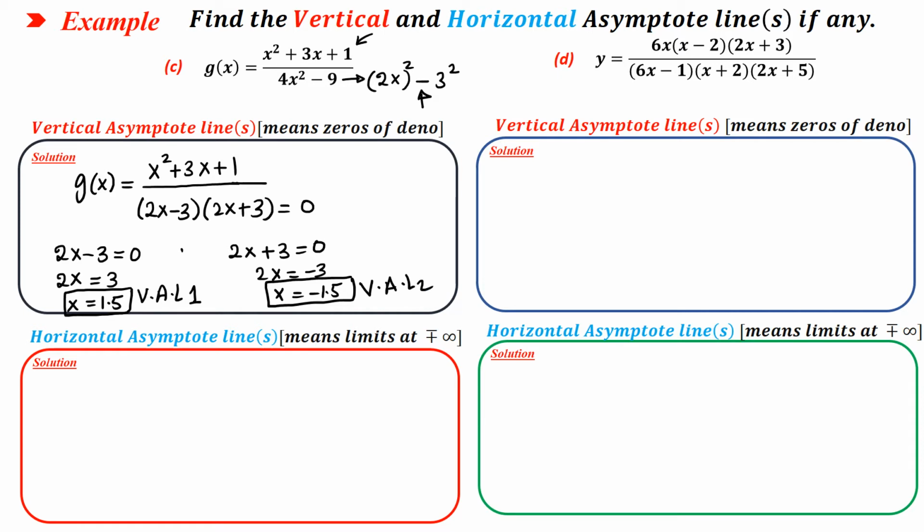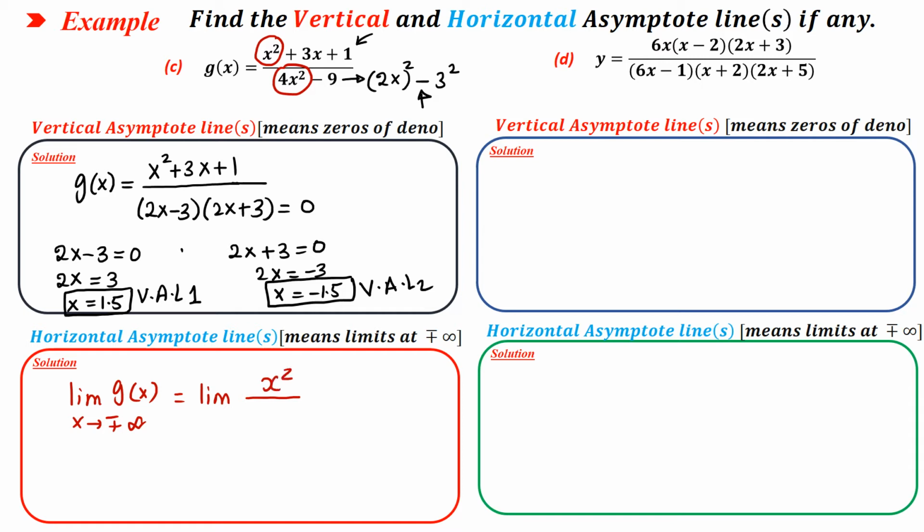Now, in the second part of part C, we have the horizontal asymptote line. And how to find the horizontal asymptote line: you have to take the limit of this function at infinity and negative infinity. So you have to find the limit of g of x when x goes to positive and negative infinity. And as you know, when you have a polynomial divided by a polynomial, when x goes to infinity or negative infinity, you have to take the highest power up divided by the highest power down.